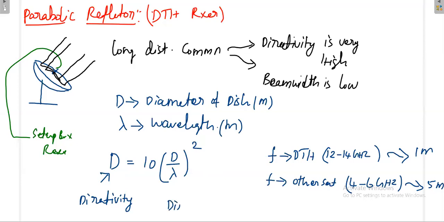Directivity means power gain, so 10 log D, simply D. This D means this D, directivity.